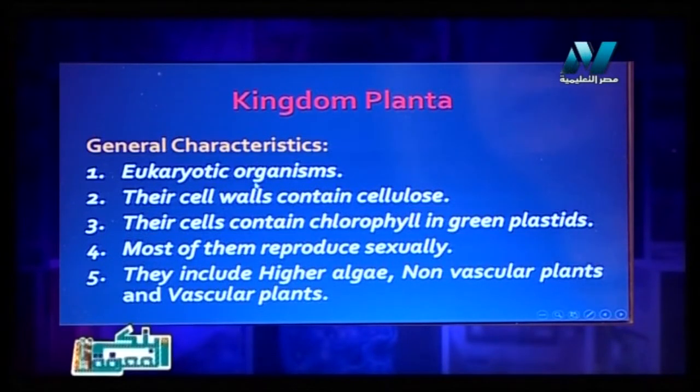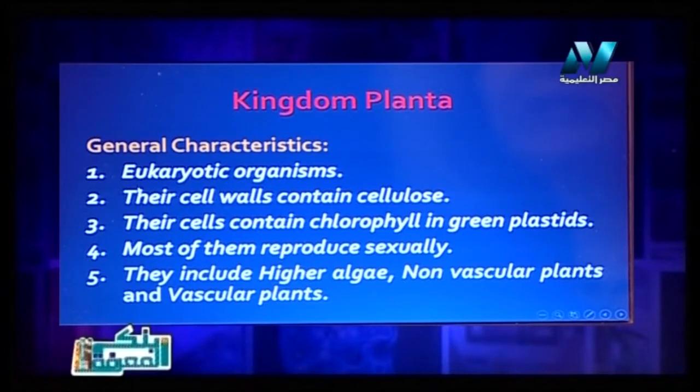Now we go to kingdom Plantae. The kingdom Plantae includes many types of plants, and because it includes a great variety of plants, we can find some of them living inside water, because living in water is simpler than living on land. So some of the simple plants live in water and others live on land.